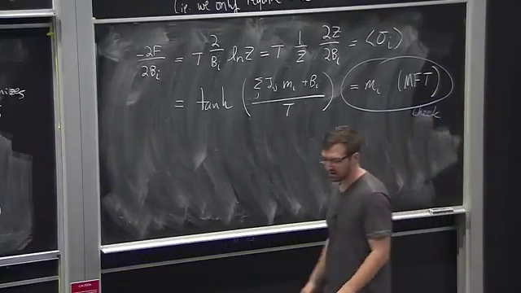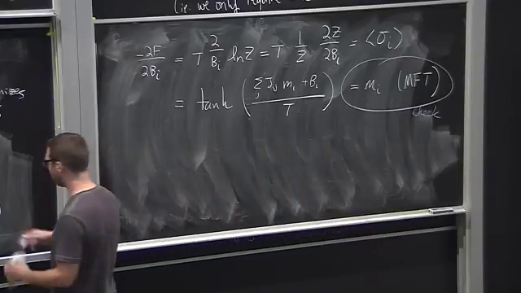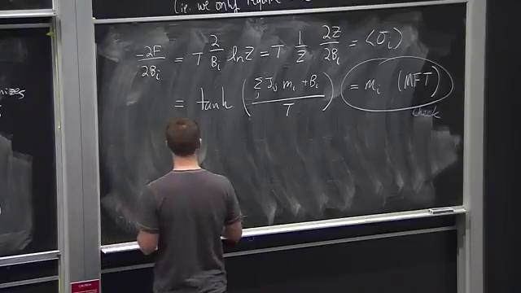Okay, and so my G_ij, the 2-point correlation function, is the second derivative.